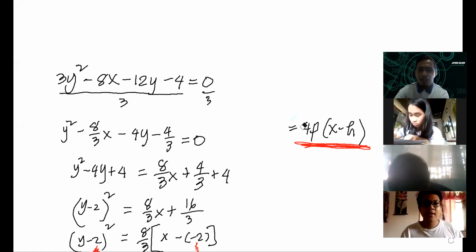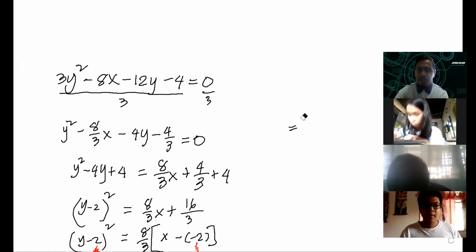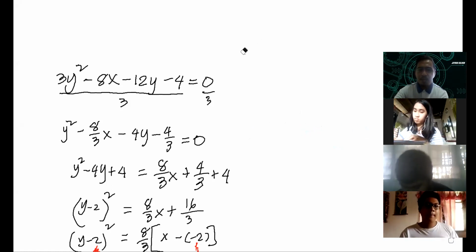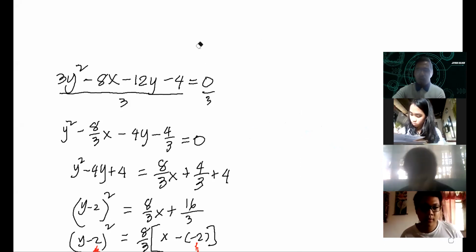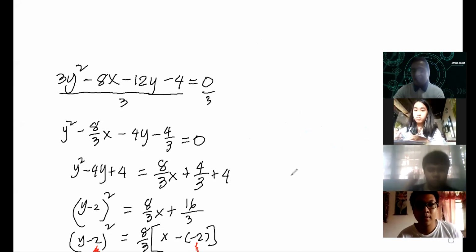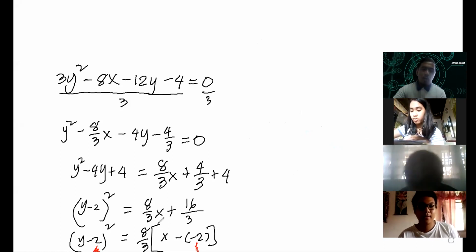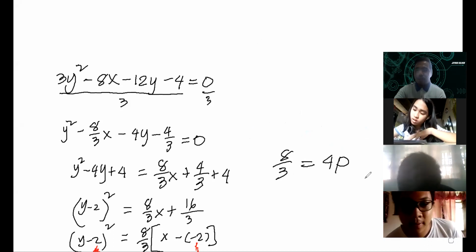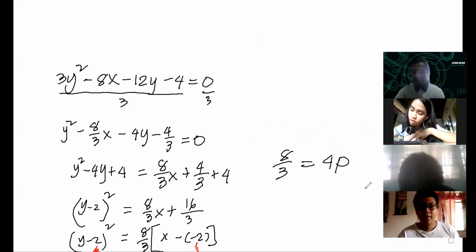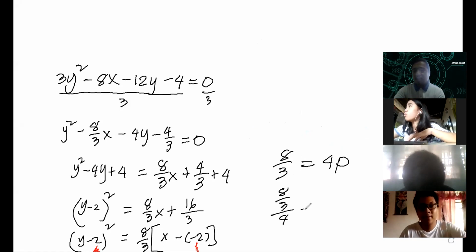Any suggestion to find p? Pwede niyo gamitin katong giingon ni Jetro ganina. 8/3, i-equal siya kang 4p. I-divide ninyo og 4. So 8/3 over 4 equals p.